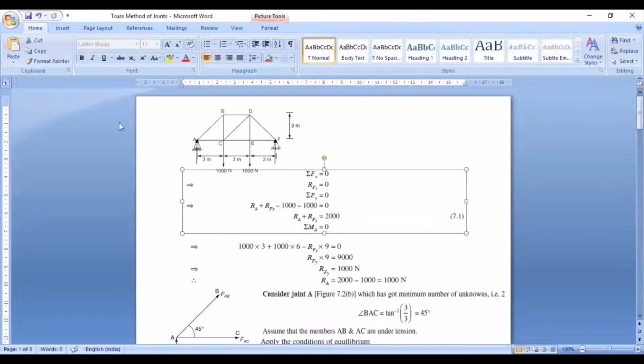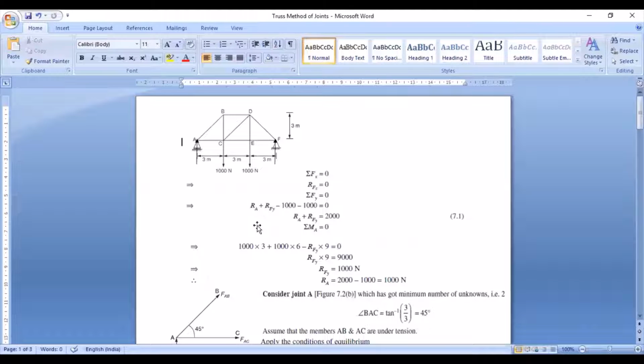You have Ra, this reaction, and Rfy, which is acting upwards, that is the reaction at F, positive, and the 1000 Newton forces. There are two of them, so minus 1000. Since both reactions are unknown, you get an equation, Ra plus Rfy is equal to 2000. So you are done with two of the equations.